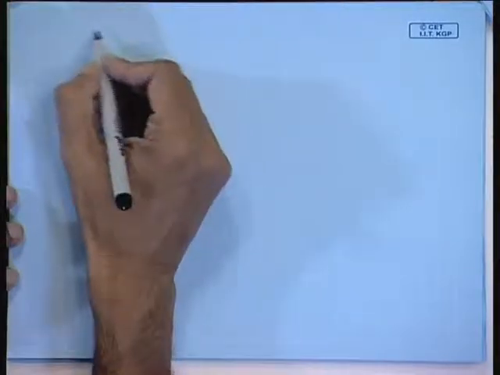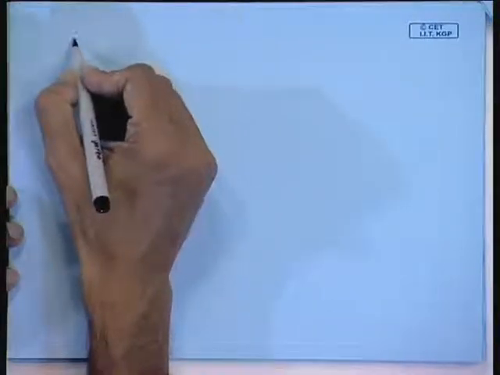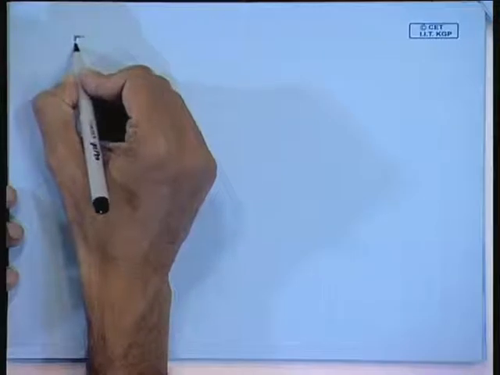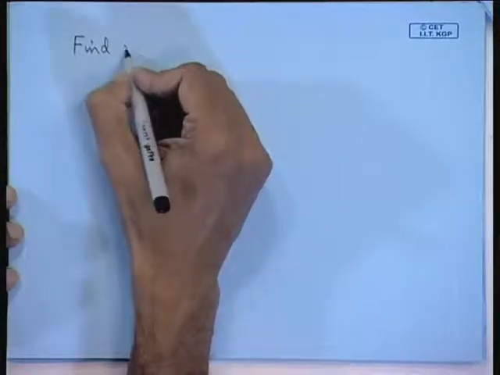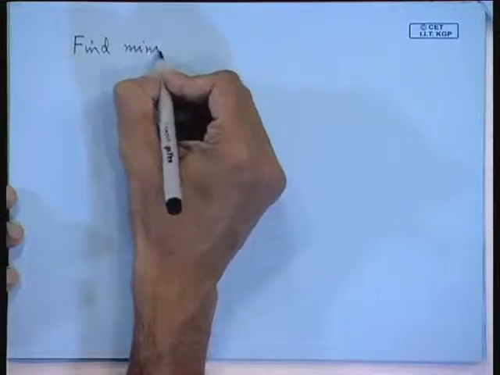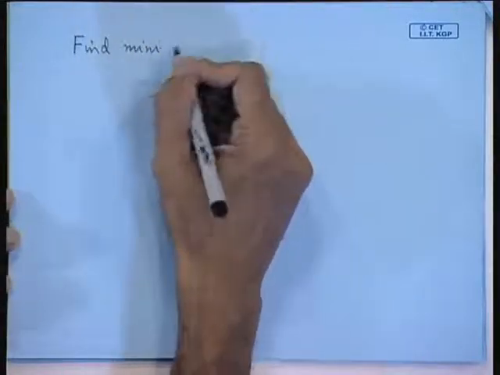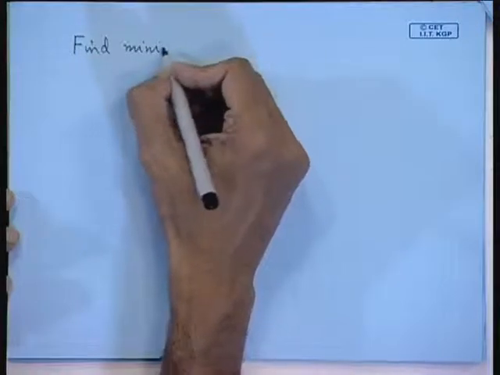Now, the other component that is remaining to be found out is to find the minimum length of chain cable. So, you just tell me when the minimum length will occur.